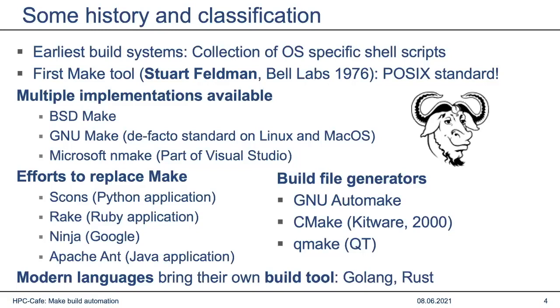There were a lot of efforts to replace Make in the past. So some of you still may know SCons, and there is Rake. All of those had the motivation that they wanted the makefile to be a script file and to have in there all capabilities that you have in a real scripting language.